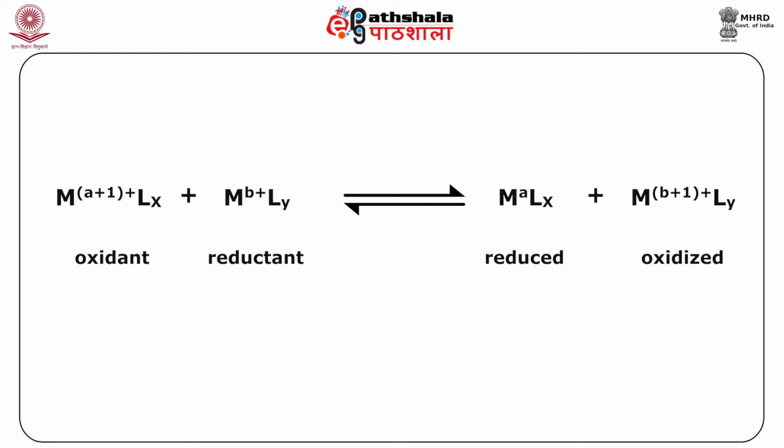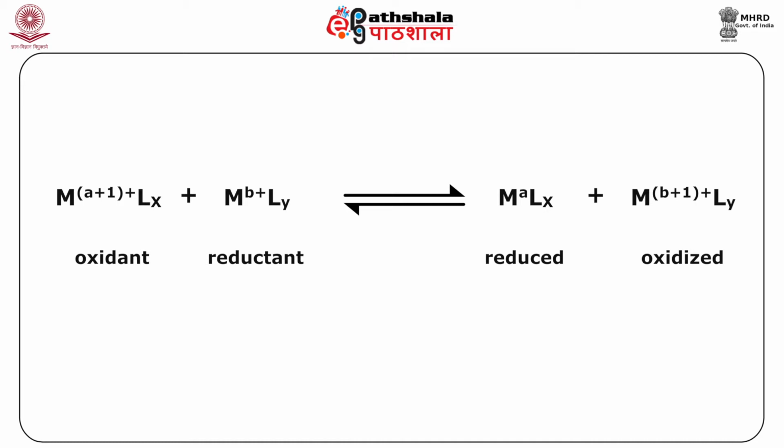Again repeating, the reaction is straightforward and is written as M(A+1) plus Lx, where X is the number of ligands, that is the oxidant, and another reactant is M(B), whatever the charge on the metal ion, and Y is the number of ligands, and it is the reductant. When the reaction has taken place, what is formed?